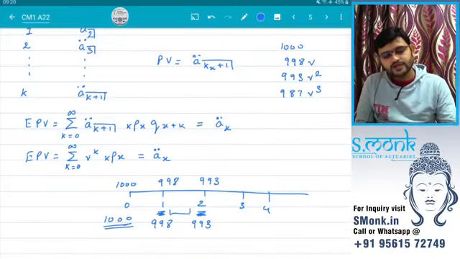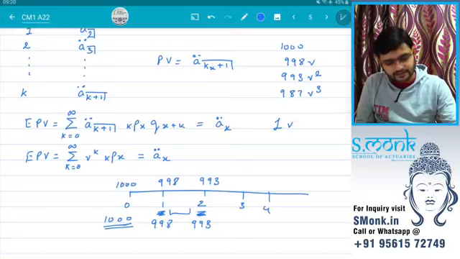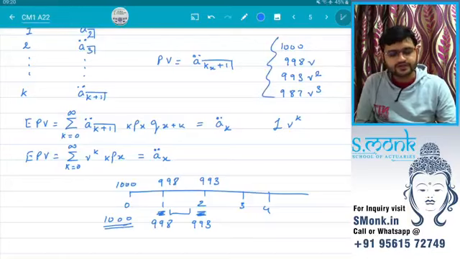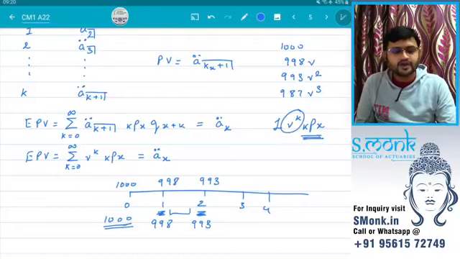So what we are doing here is saying a payment of 1 is given to everybody who is alive at that time, and we will be discounting with v raised to k. And instead of taking the number of people alive, we will calculate the probability of being alive at that time, kpx. If a person is alive, he gets a payment at time k.